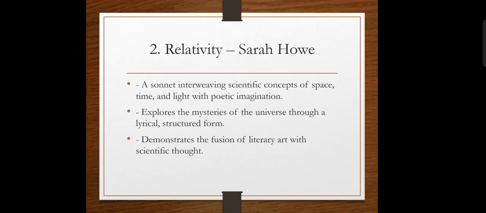The poem is structured like a modern sonnet, but its content transcends romantic and natural themes. It instead delves into cosmic phenomena. The poem challenges students to see science not just as data or numbers, but as an imaginative landscape.